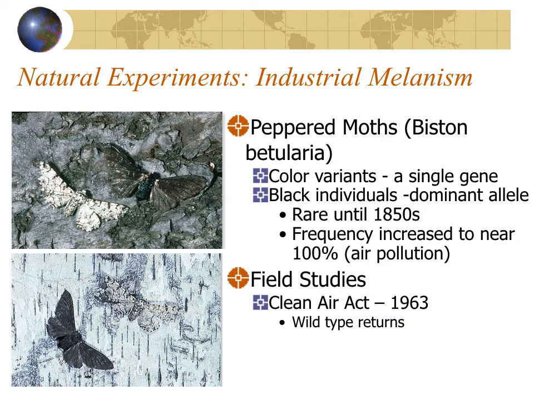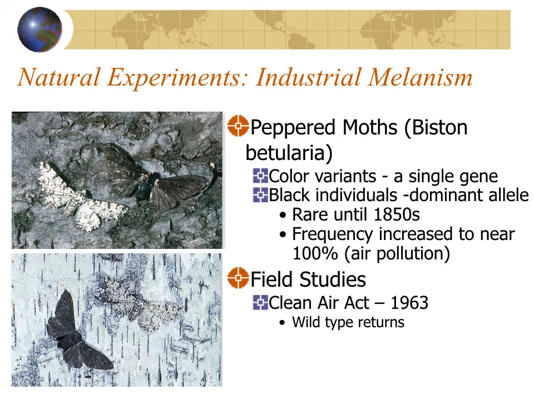And right after Wallace and Darwin released their ideas, a great example came to them. And that was a natural experiment that we now know of as industrial melanism, the peppered moth. This has two color variants, a dark or melanistic form and a white form. And it turns out the dark form is caused by a dominant allele that has lots of pigment. And although the gene was dominant, this form was extremely rare into the 1850s.